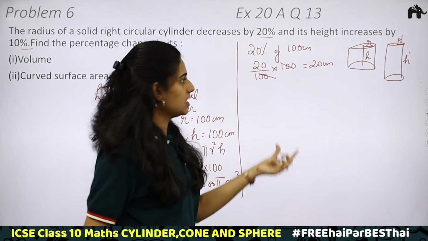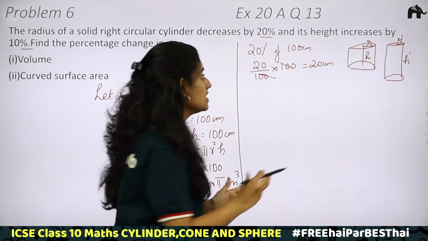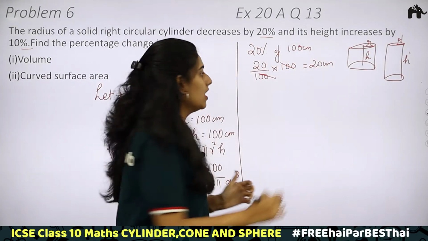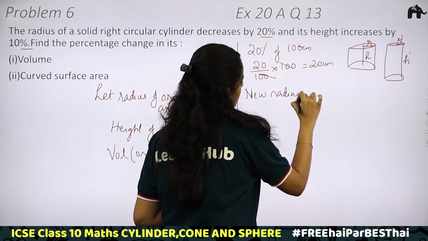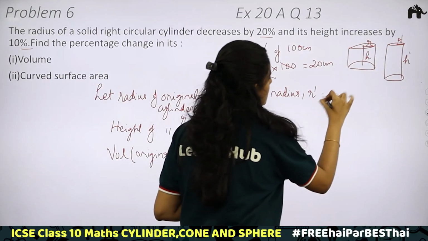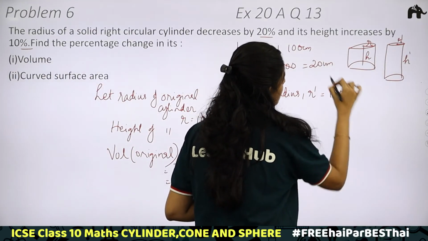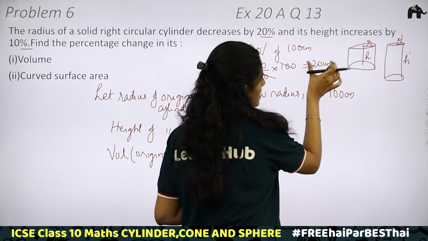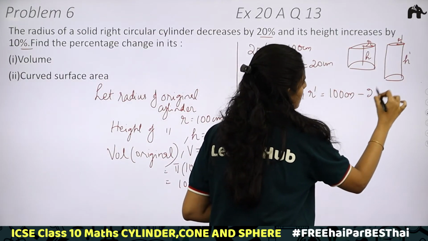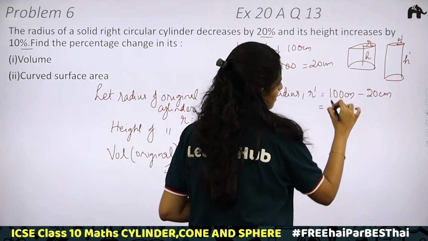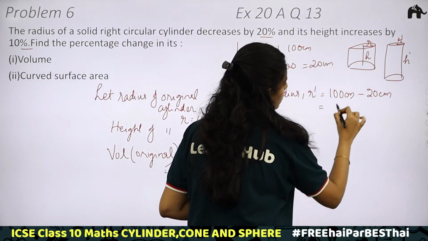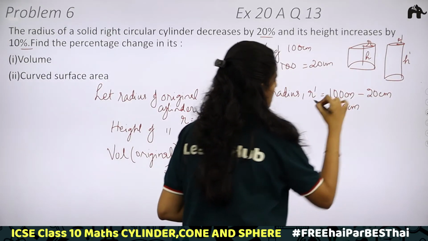The radius is decreasing by 20 centimeter. So the new radius R dash is equal to original radius 100 centimeter minus 20% decrease, that is minus 20 centimeter. 100 centimeter minus 20 centimeter, we get 80 centimeter.